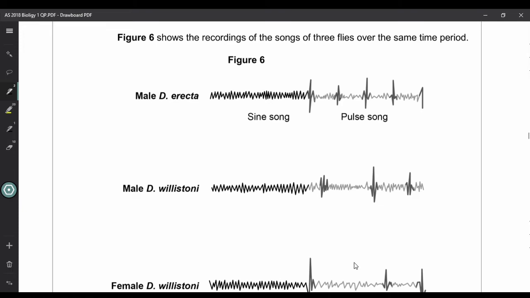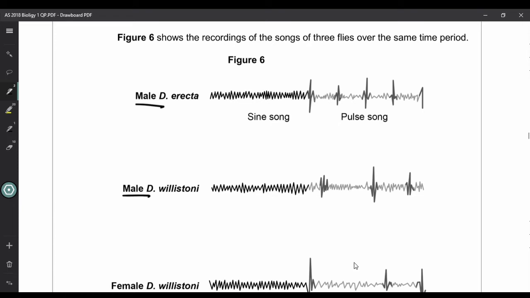So we're looking for something that's similar to show that they're closely related, and we're looking for something that's different to show that they are distinct species. So we want to look at the male for both species. What we can see here is the sine song is very similar between the two.